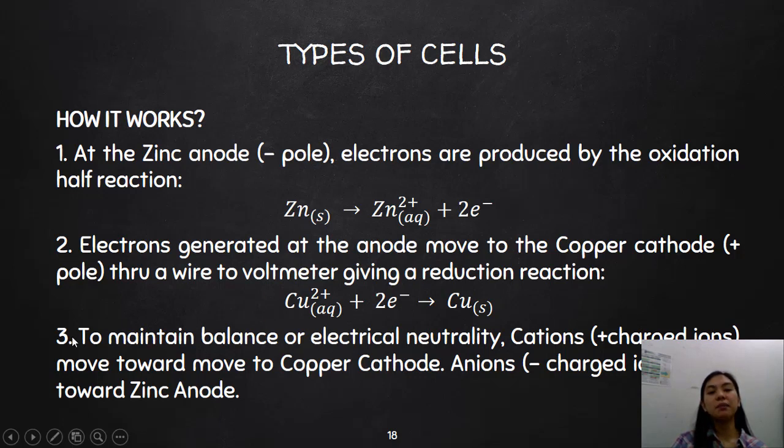And then third one, to maintain balance or electrical neutrality, the cation ions or your positive charged ions will move toward the copper cathode, and the anions or negative charged ions will move toward the zinc ion. Yung movement po is through the salt bridge para to prevent short-circuiting.